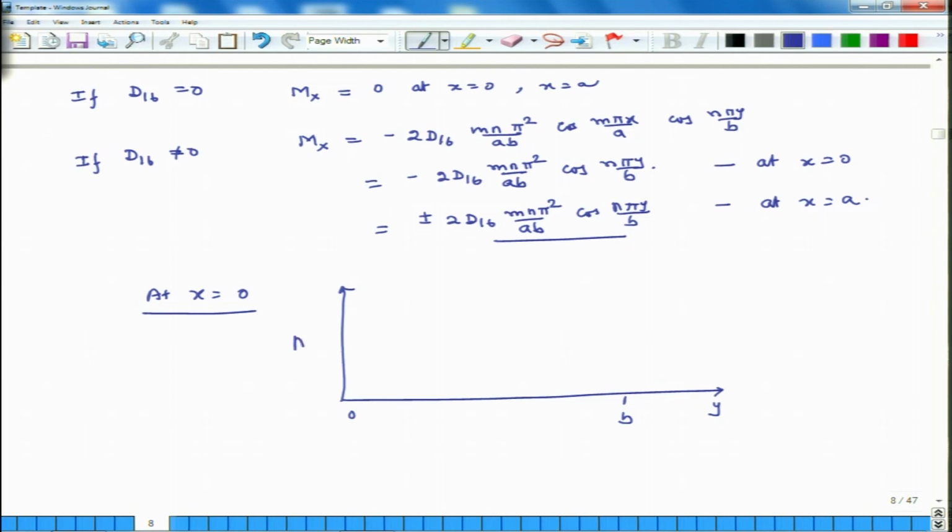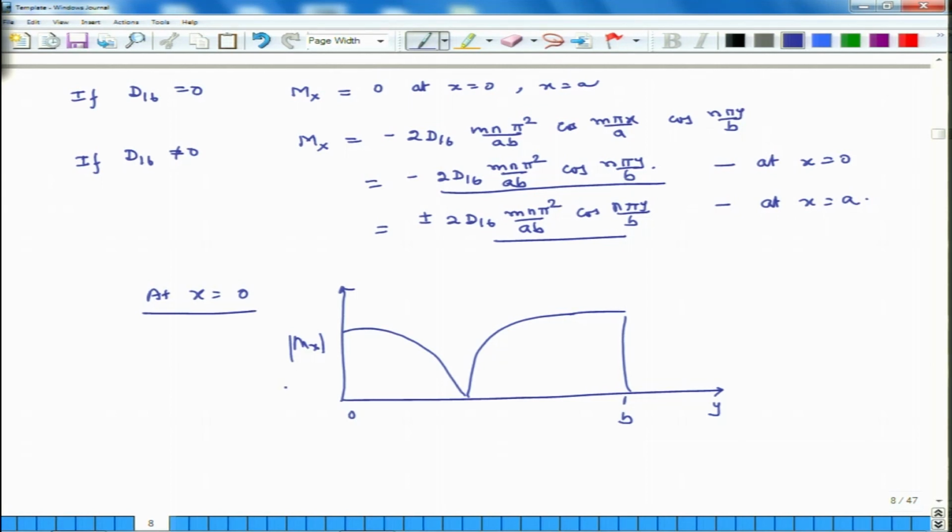Here I am plotting mx at x is equal to 0. So it will be this sort of thing, something like this.